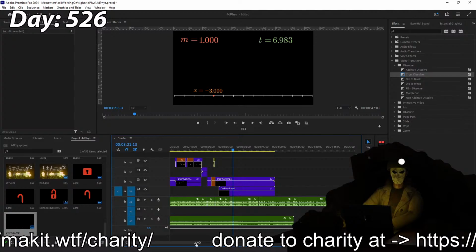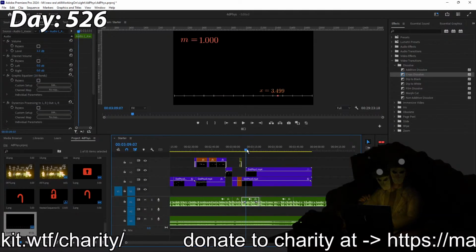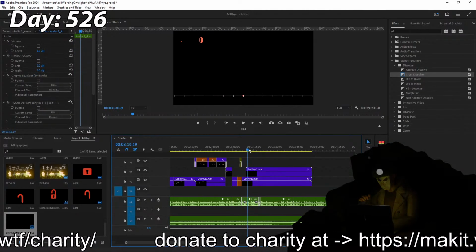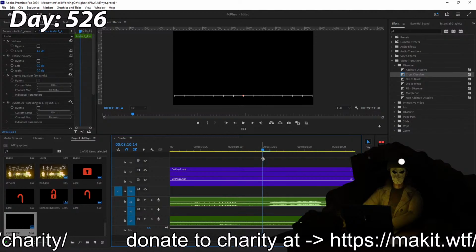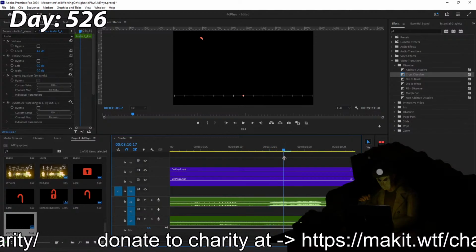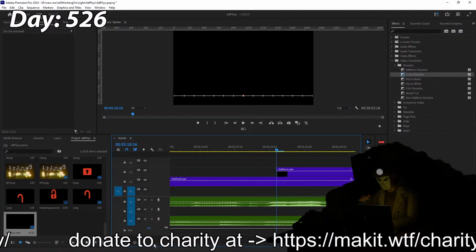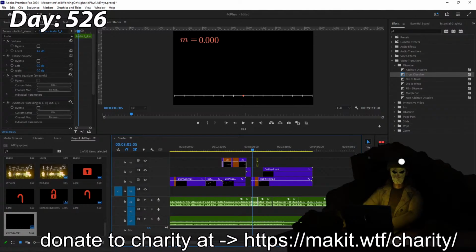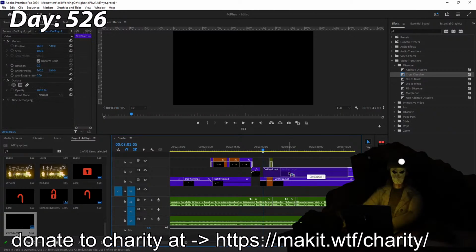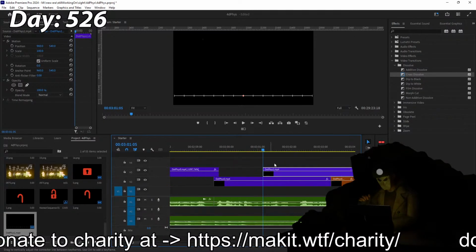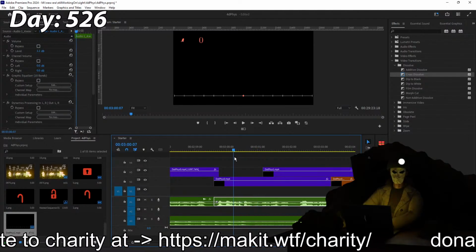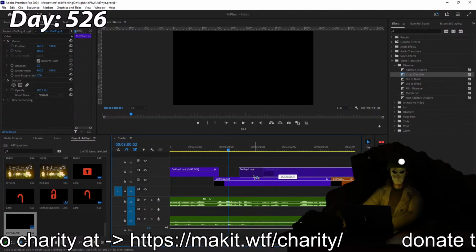Oh no. Okay, first frame where the mass appears is right here. Now just line it up with this one. Oh yeah, it is shorter because we switched up time. That makes sense actually.